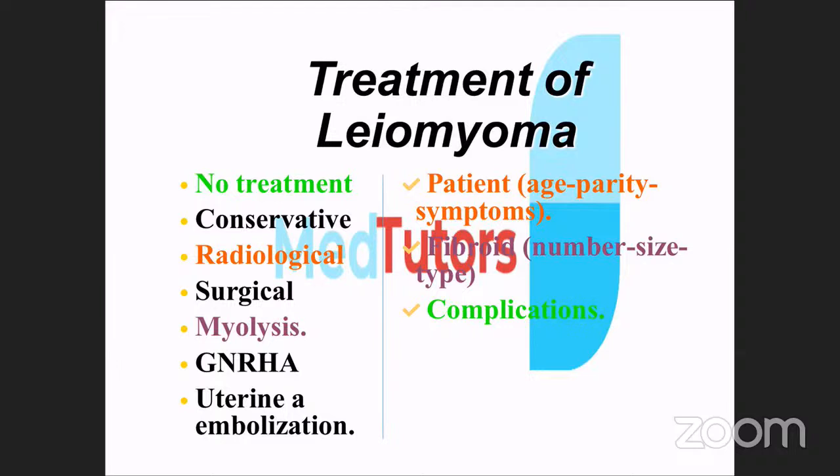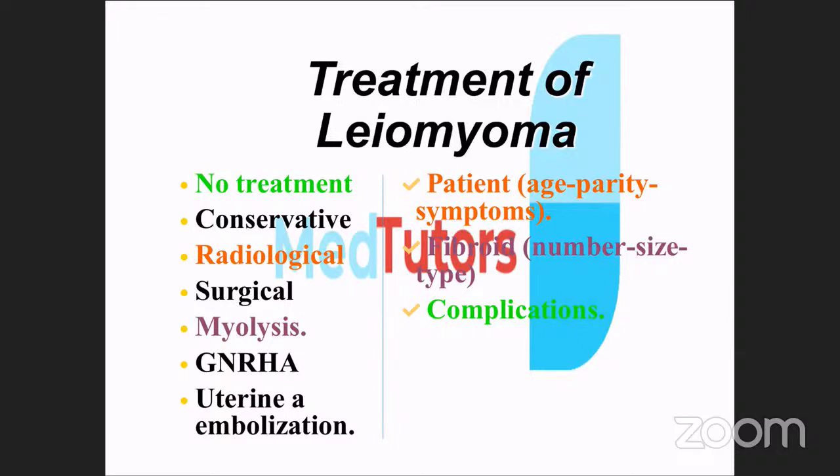The myomectomy can be done open, the way we do here, or laparoscopic, depending on the size and the number. And of course, the definitive surgical treatment of fibroid is total abdominal hysterectomy. Hysterectomy. There will be no recurrence. Once you yank the uterus out, there will be no recurrence again.